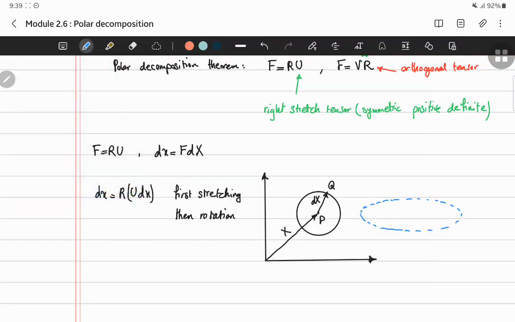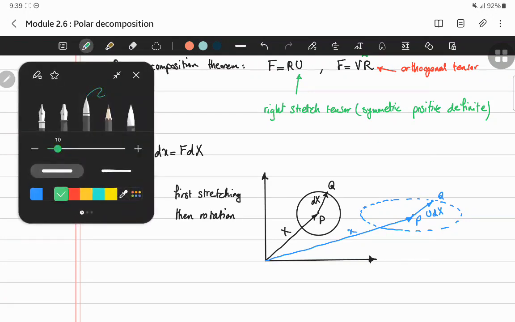I can point to the center of this ellipse with small x. So I have P in here, and then, for example, Q is here. This is U dX.